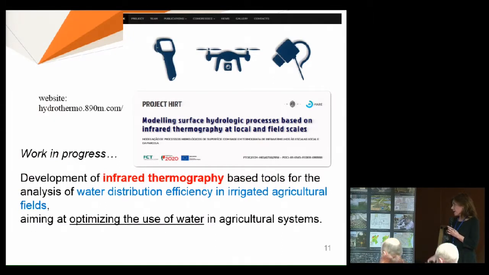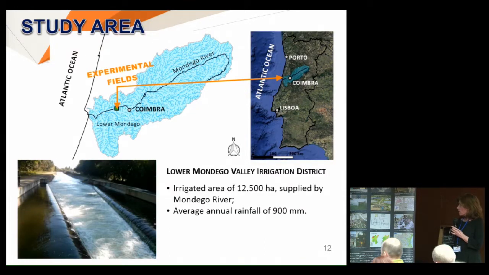So our aim is really to develop infrared thermography-based tools for the analysis of the water distribution uniformity, say efficiency, in irrigated agricultural fields, of course with the aim of optimizing the use of water in agricultural systems.